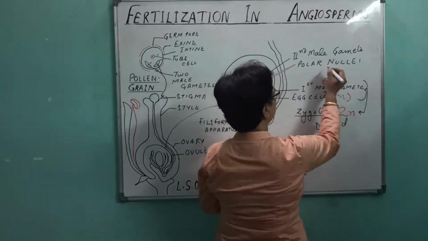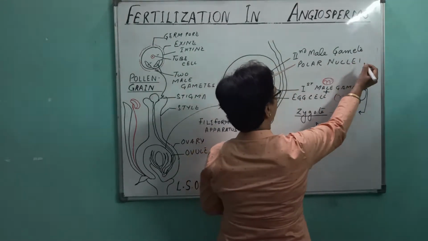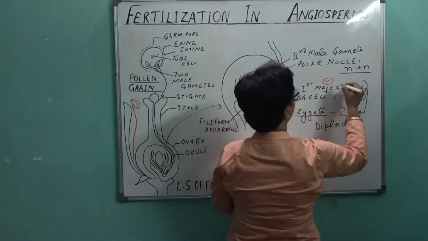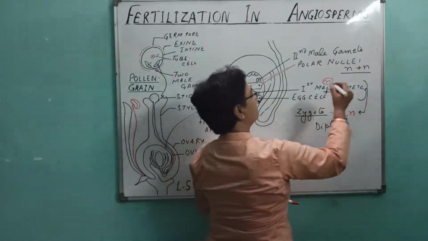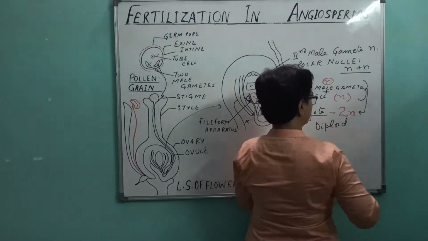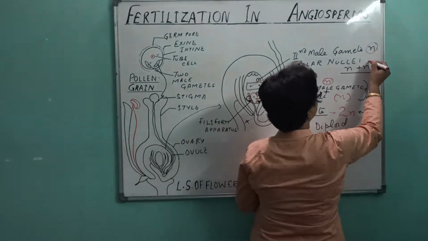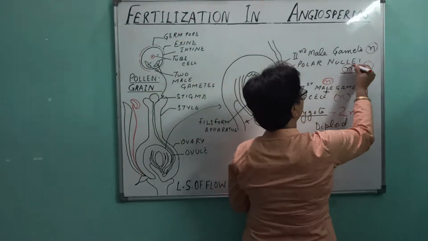So already N plus N for the polar nuclei of the central cell. Male gamete N. So in totality, we have 1N, 2N, 3N.